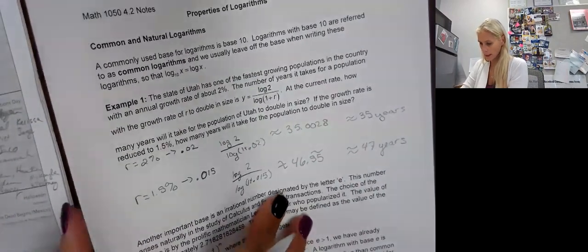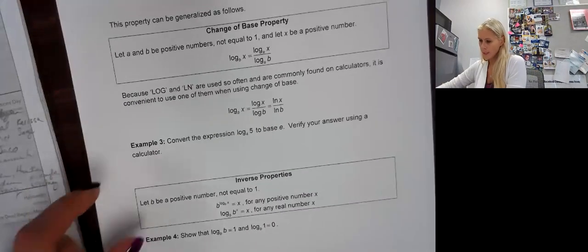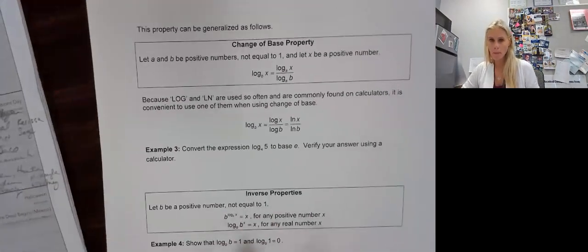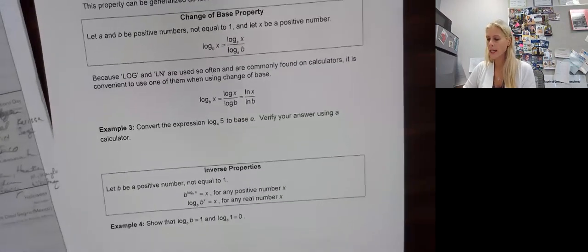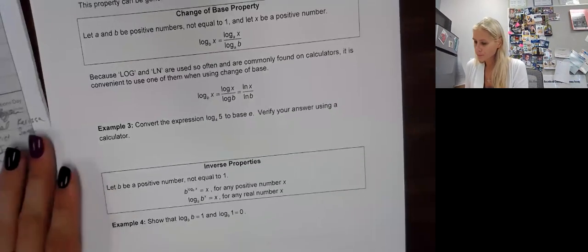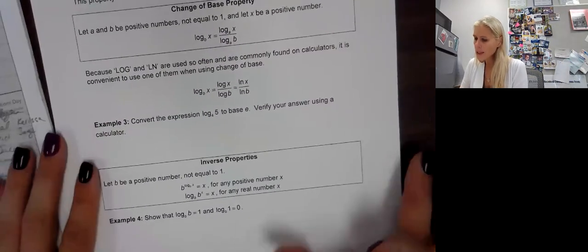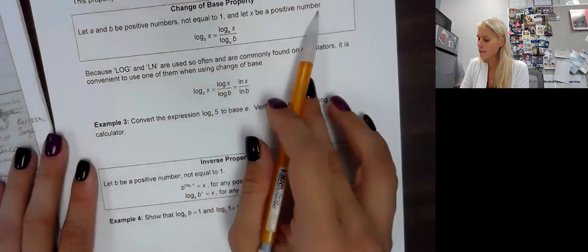All right, next page. Okay, change of base property. What I just proved to you is pretty much saying I can take any base and change it into a base 10 so I can use my calculator and get an approximation, okay? So let a and b be positive numbers not equal to 1, and let x be a positive number.